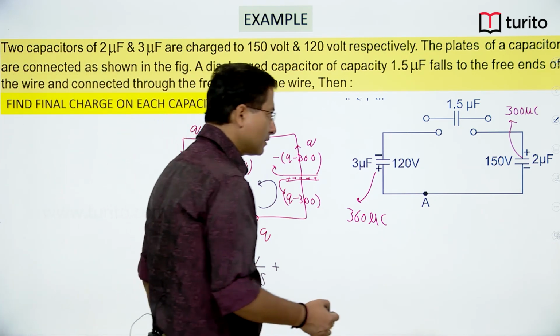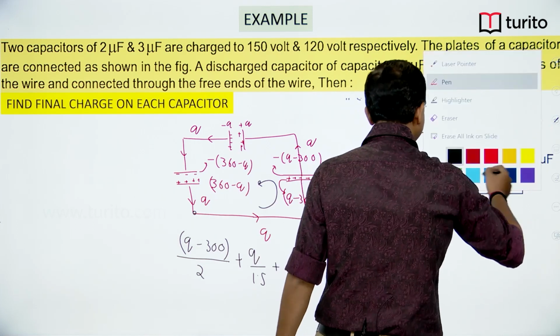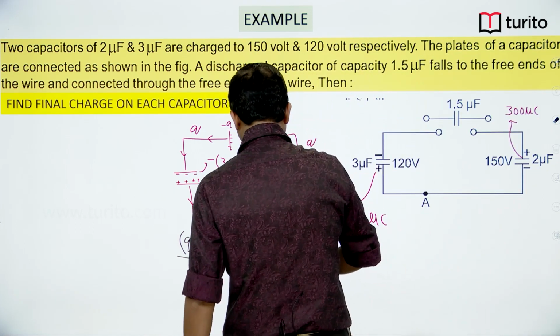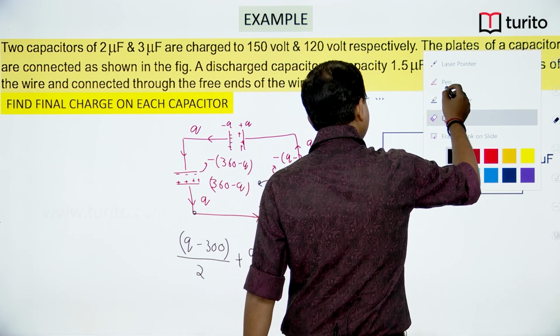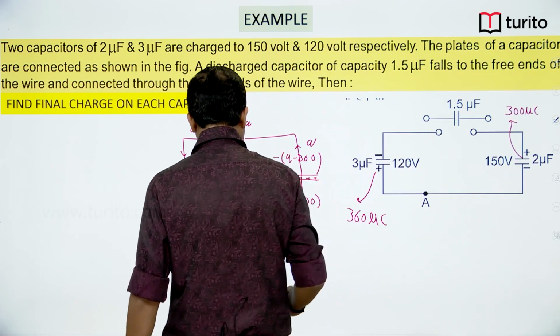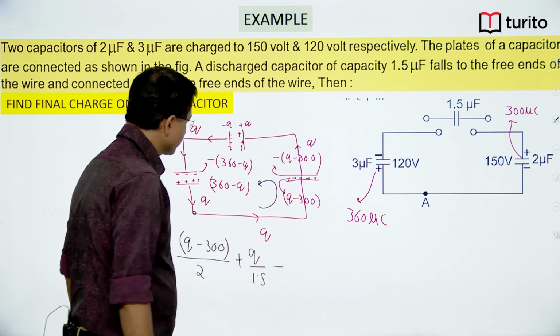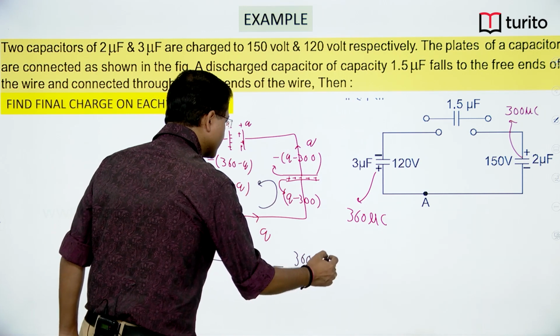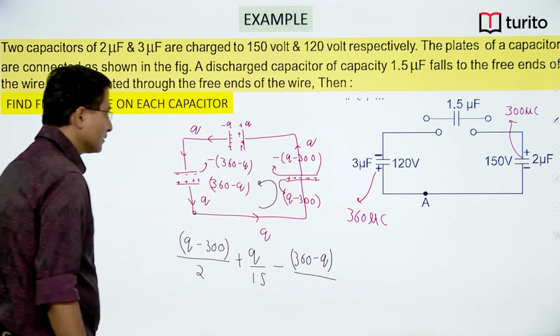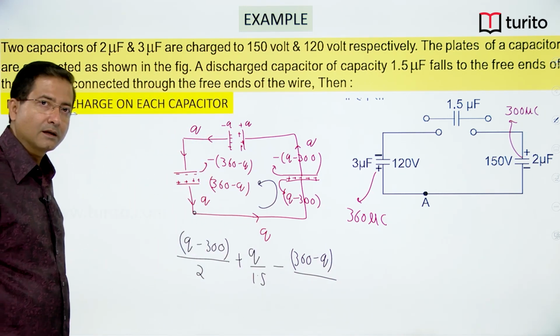Increment is taken with negative sign, so minus 360 minus Q divided by its capacitance, that is 3.